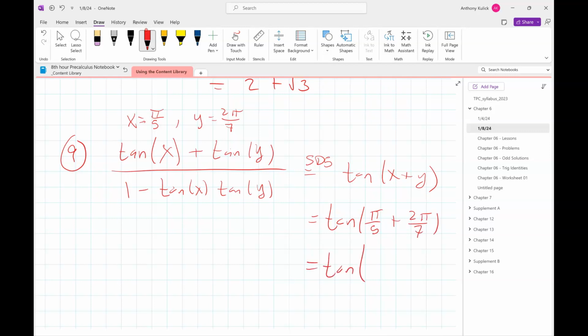If I make a common denominator, that common denominator would be 5 times 7, 35. So 7 pi over 35 plus 10 pi over 35. If I add those together, I have 17 pi over 35.